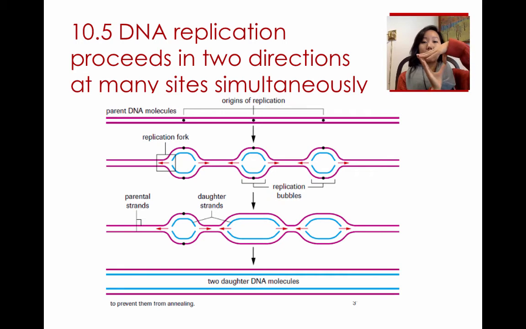These origins of replication form bubbles where the new strand is created on the insides of the two parent strands. And then it starts to expand these bubbles until they merge together. They meet, and then it completely separates the two parent strands and forms two new daughter molecules, with one strand coming from the parent and the second strand being a new strand.